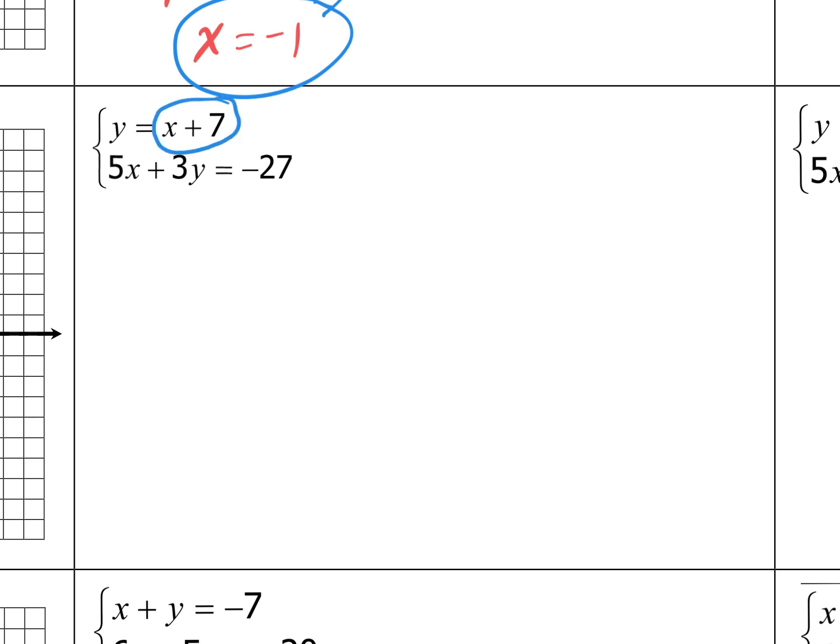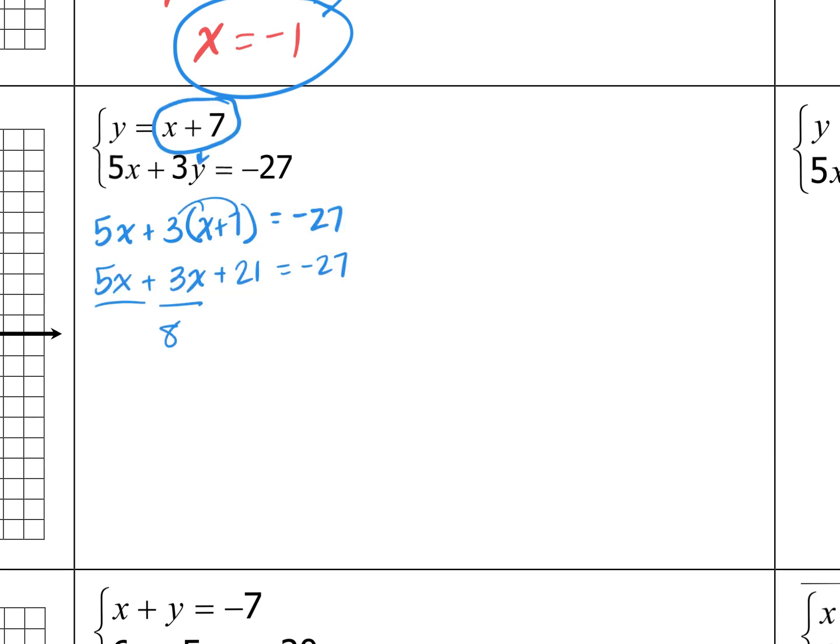If I take this and put it in here for y, then I have 5x plus 3 times the quantity x plus 7 equals negative 27. Now you have to have the parentheses. We have to distribute that 3. So 5x plus 3x plus 21 equals negative 27. Combine your like terms.